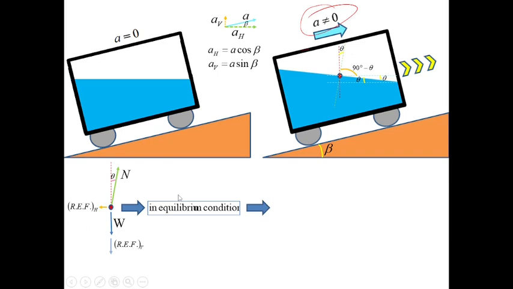At meron tayong apat na forces to consider. I-connect natin yung head ng isa doon sa tail ng isa, hanggang sa umabot tayo sa resultant. At anong in-expect nating resultant? 0. Dahil in equilibrium condition.